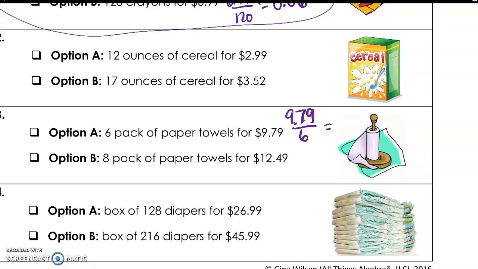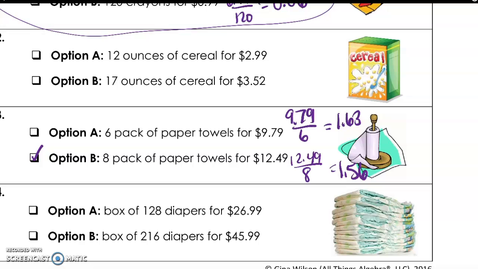Again, rounding to the nearest cent would be $1.63. And then the bottom one, $12.49 divided by 8 gives us $1.56. So that means option B would be the better deal in this case.